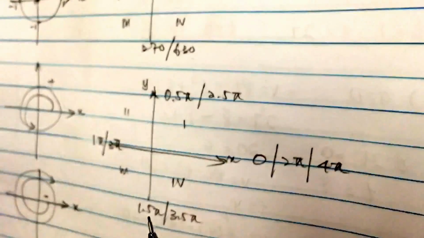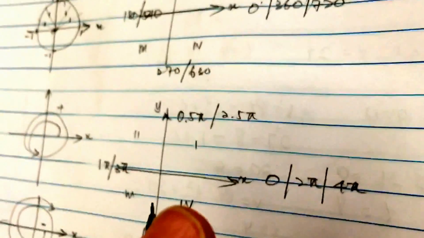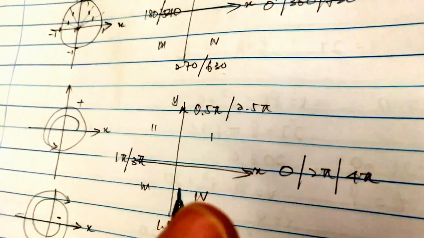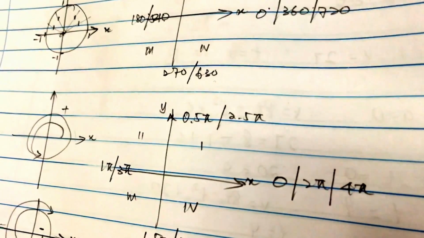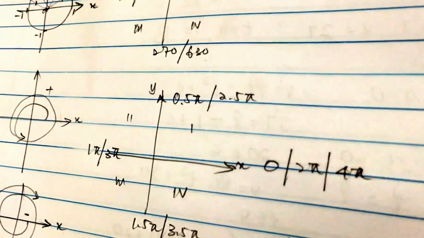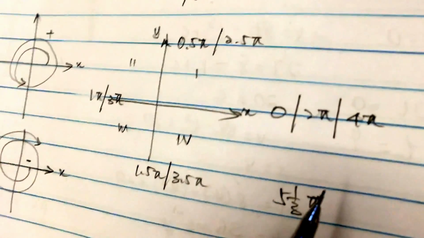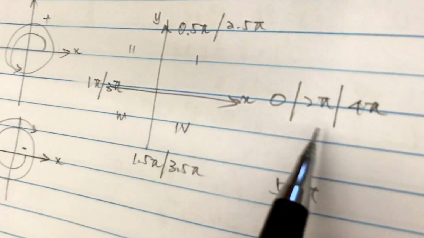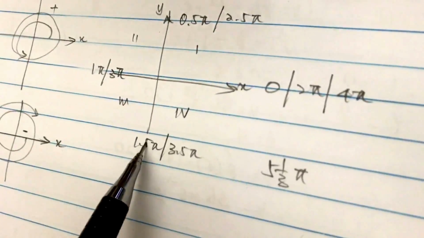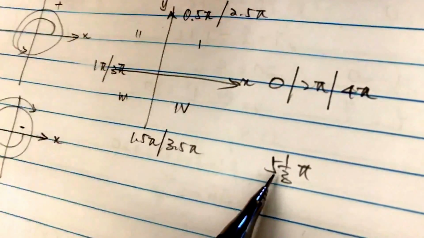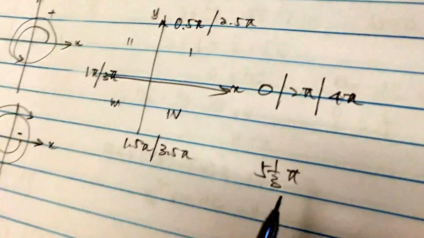If I ask you what quadrant is 5 1/3 pi? No, never mind. This is 4, 4.5, 5, 5.5, right? This is lesser than 5.5, right? So then this is the third quadrant.